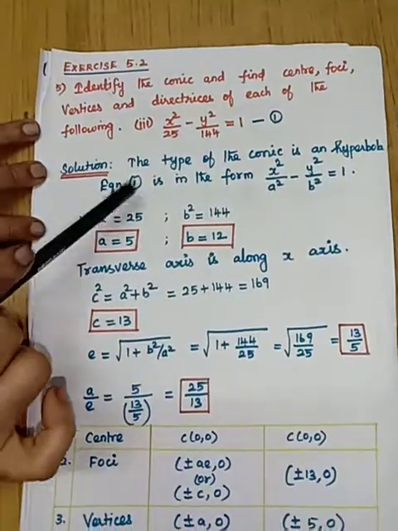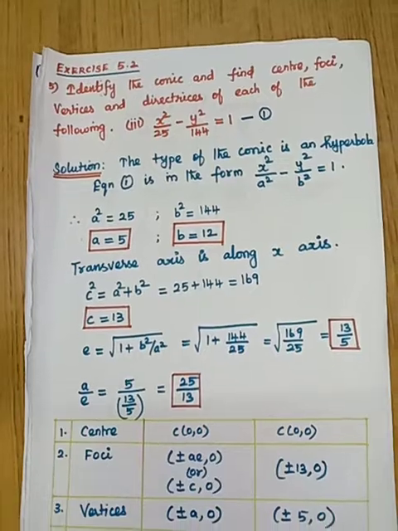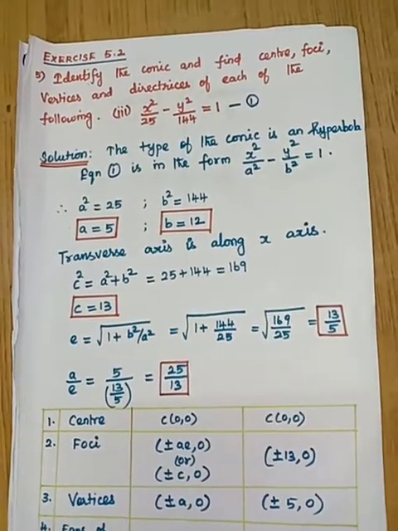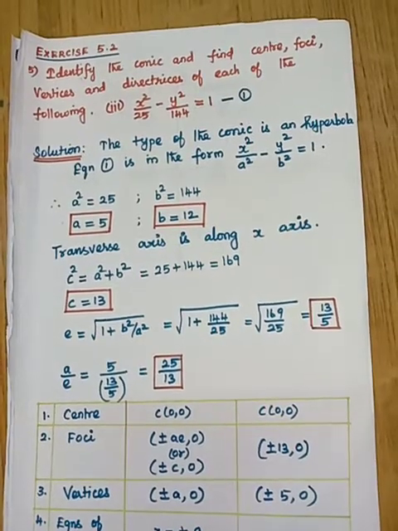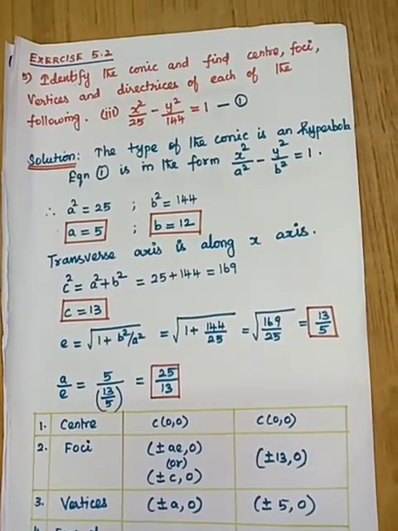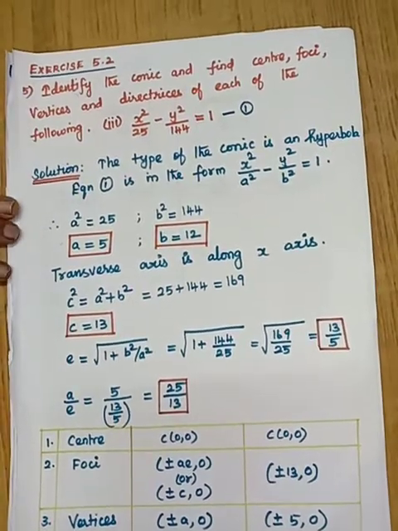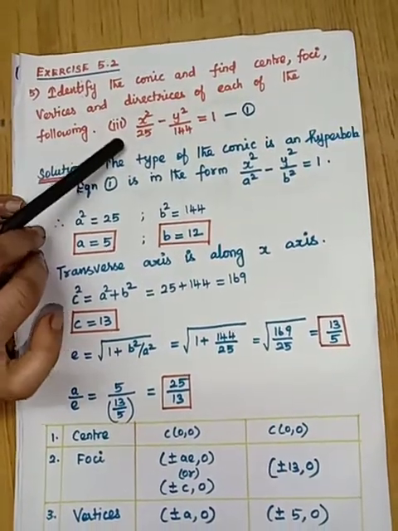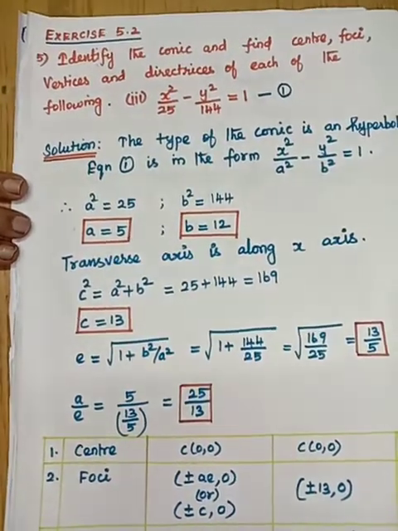Okay, so you just compare the two forms. One hyperbola form is x squared by a squared minus y squared by b squared is equal to 1. Another one is y squared by a squared minus x squared by b squared is equal to 1. Okay, in ellipse, if the equation is given, we check the bigger term, which has to be taken as a squared.